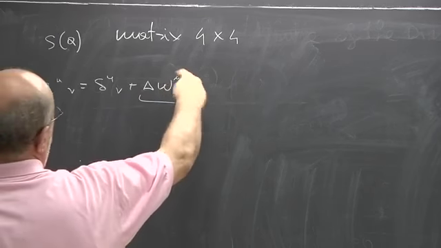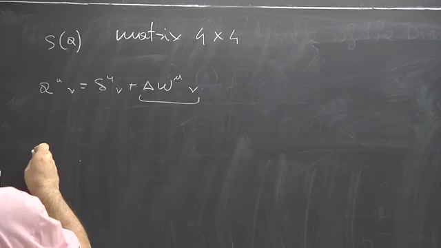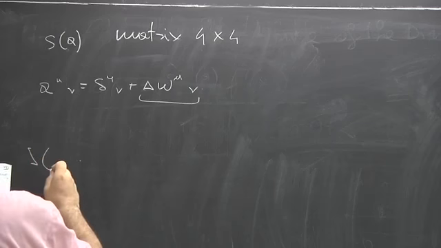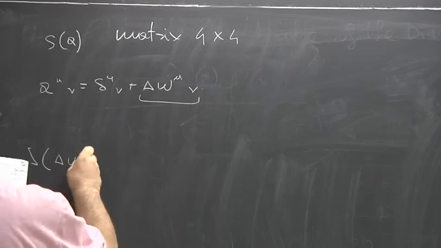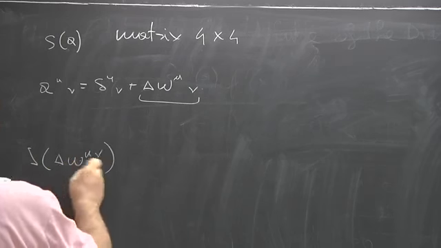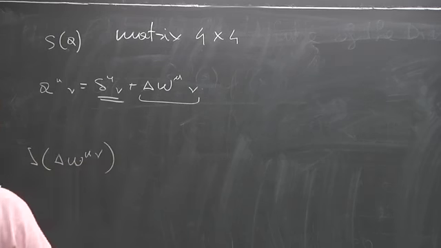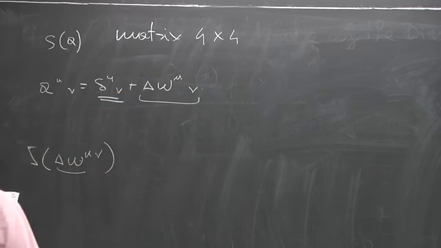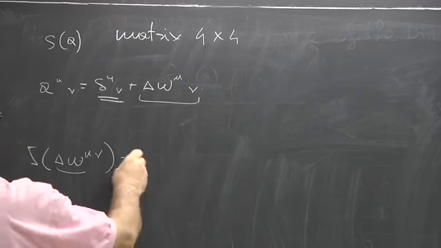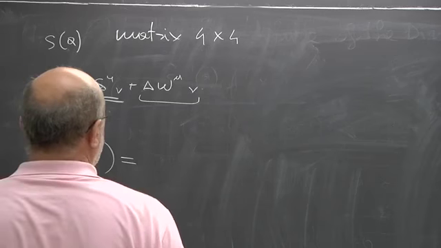We can lower and raise this index, and then this one will be something like this: delta omega^mu_nu, and this is the identity, so it's the same. So S is effectively a function of this quantity. And as it is infinitesimal, we can expand in it.